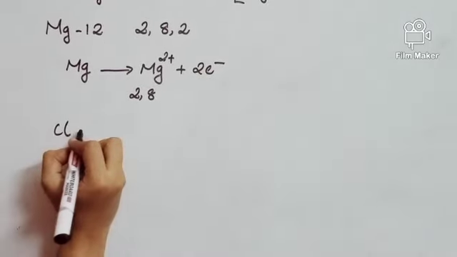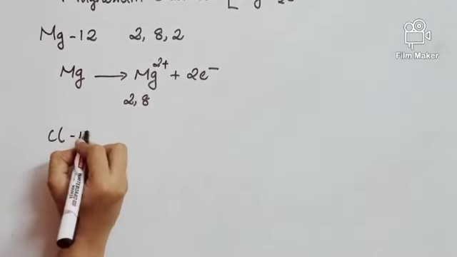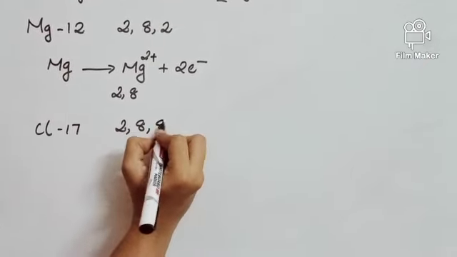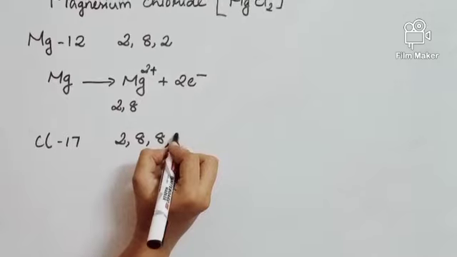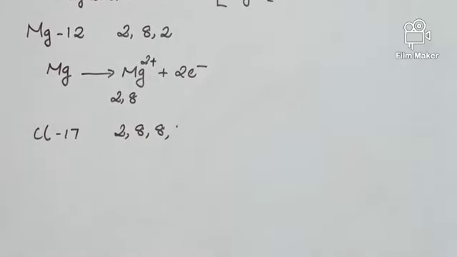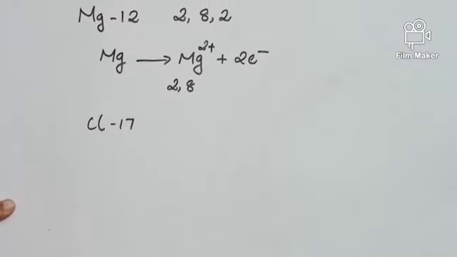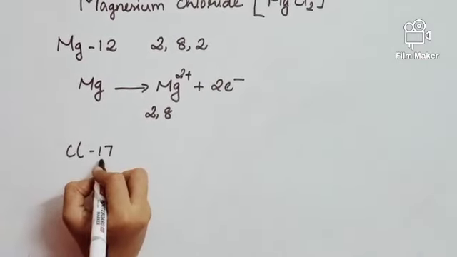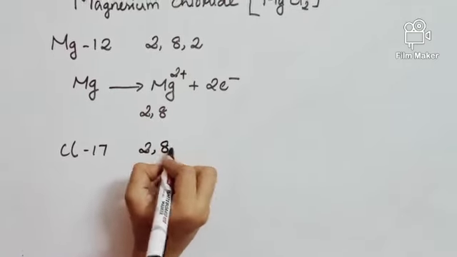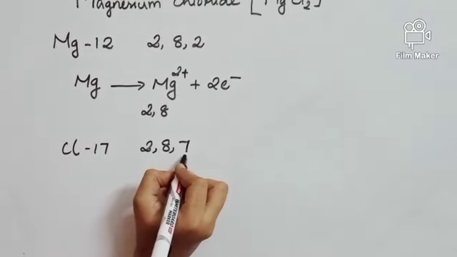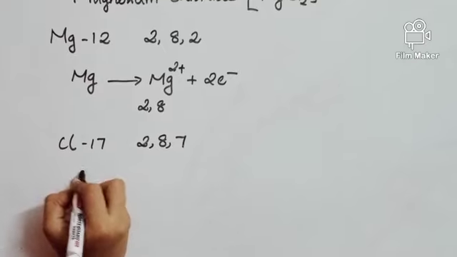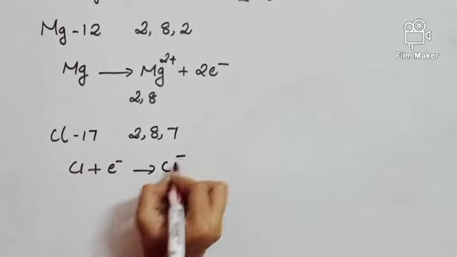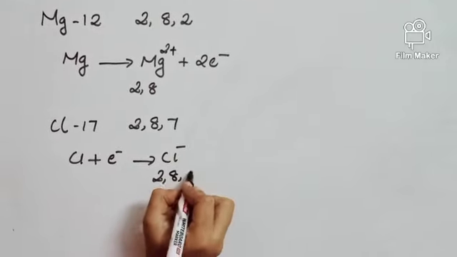Chlorine, atomic number 17, electronic configuration 2,8,7. So it will accept one electron. Chlorine will accept one electron and form Cl-. The electronic configuration becomes 2,8,8.